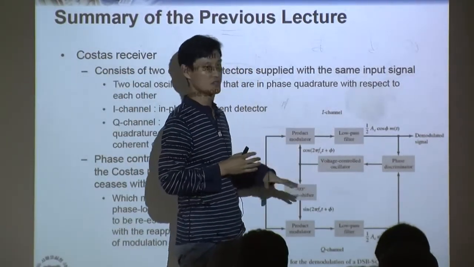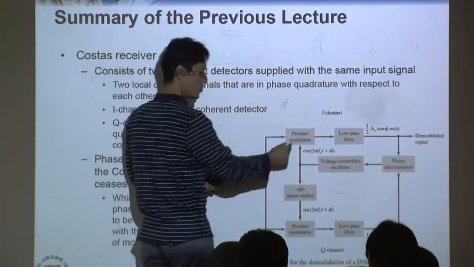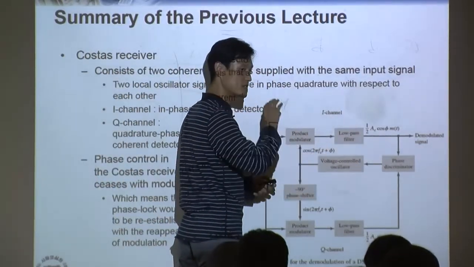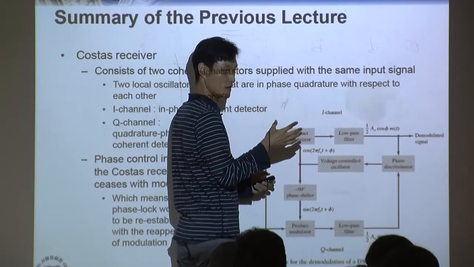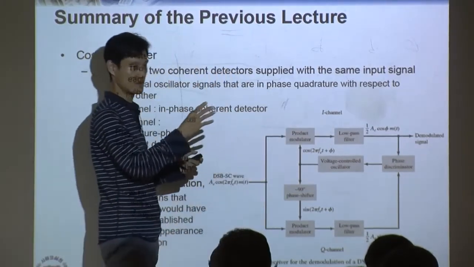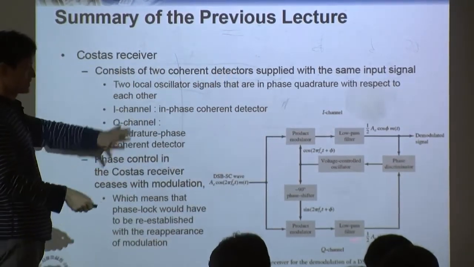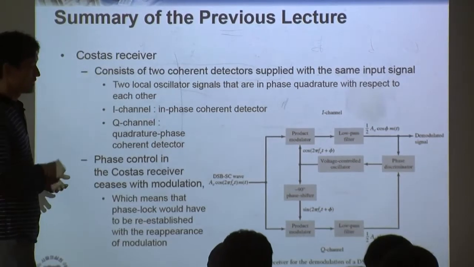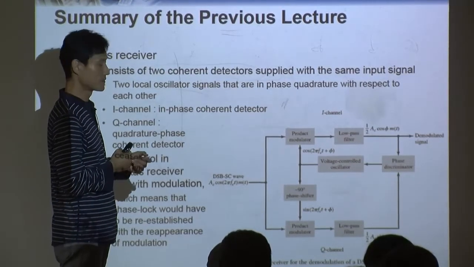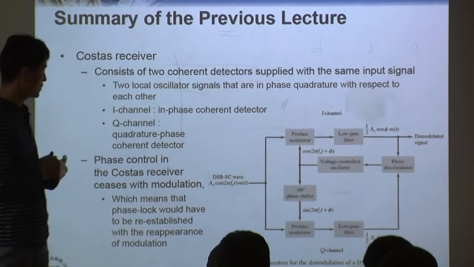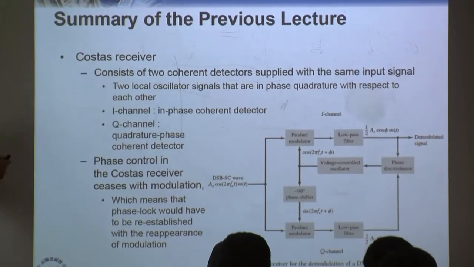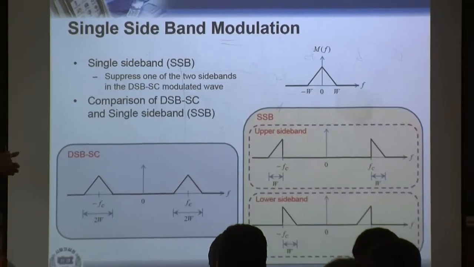Same structure, the only difference is this part now becomes digital. Once you are familiar with this Costas receiver structure, later it will be much easier. So that's the main point of the DSB, double sideband.